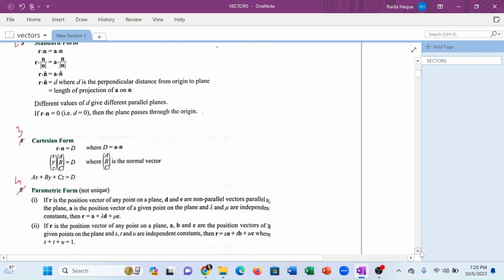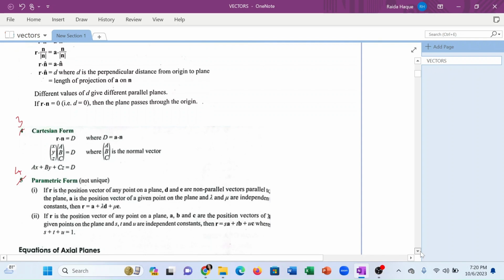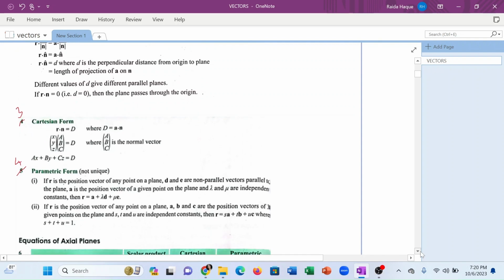So then we have the Cartesian form, which is one of the most common forms that comes in our exam, I would say, if not the most common. The Cartesian form and the parametric form, these two are the most commonly used ones in our CAIE exams. The form is basically where you are representing the equation of the plane in terms of x plus y plus z, and they will have different coefficients which equal d.